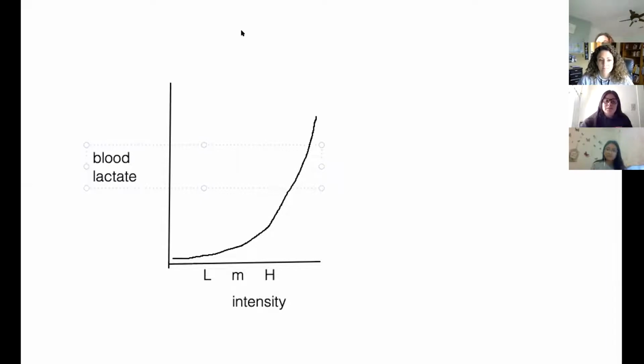Mm-hmm. You also have here, somewhere in here, that would be the point of lactic threshold. Mhm. And that's when you hit high intensity and your lactate levels go up. Well, your lactate threshold is not going up. Your lactate levels are going up. Yes. Lactate threshold is not going up.